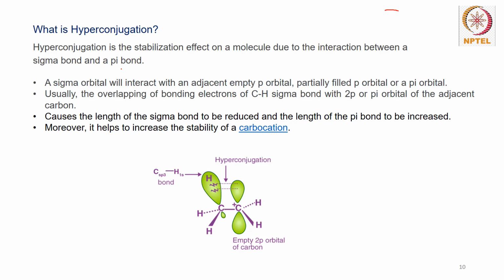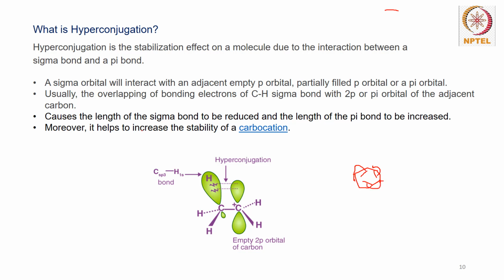In case of resonance, we are just showing the movement of the pi electron. The sigma bonds are fixed. The pi bonds are getting moved from one place to another place.